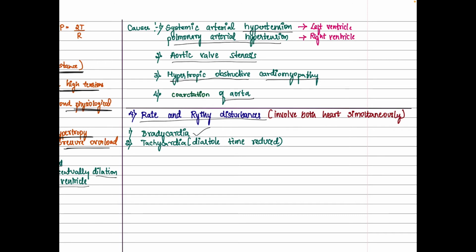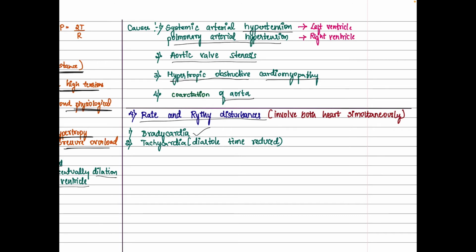output failure. In tachycardia, even though there are more heartbeats per minute, this larger number of heartbeats per minute decreases the diastolic time of each heartbeat.